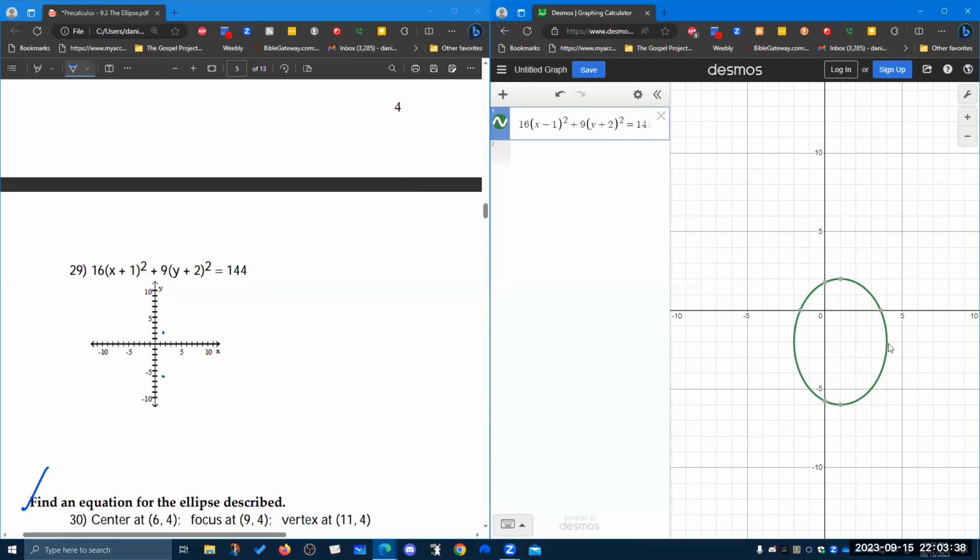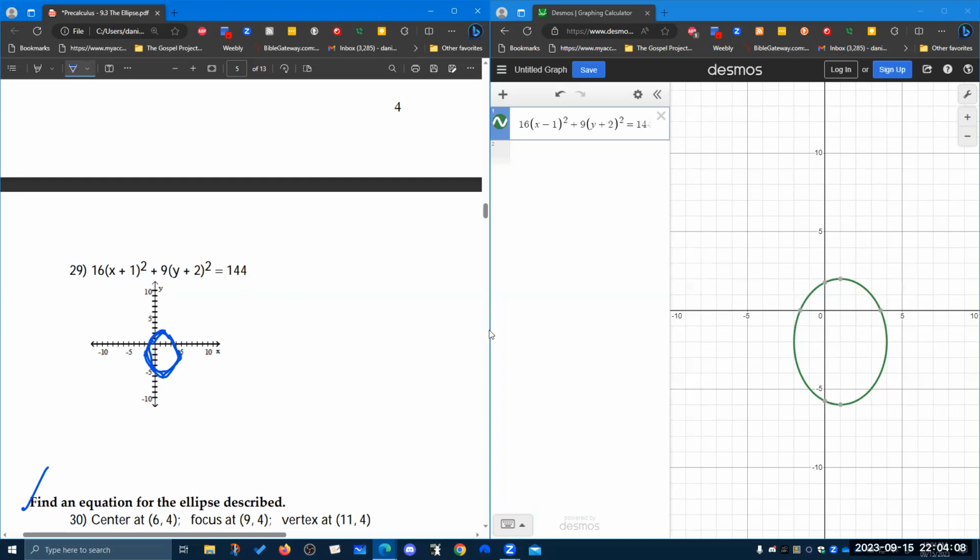The minor axis is here, 4, -2, and -2, -2. There's my ellipse, much prettier on Desmos.